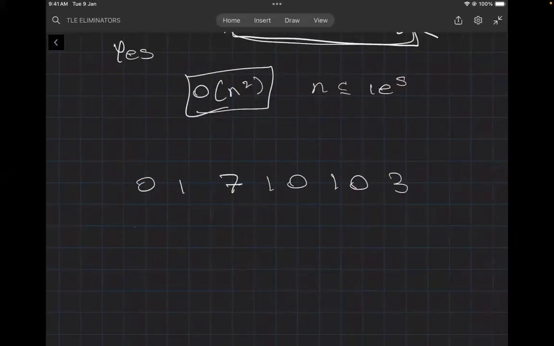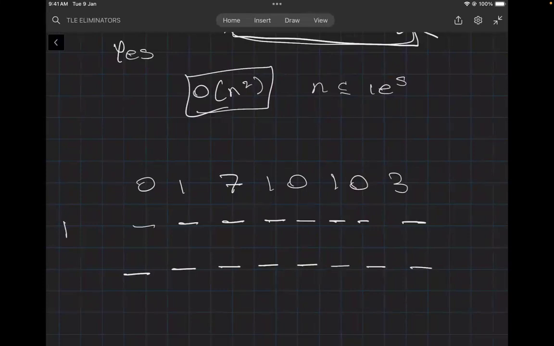So here I'm going to maintain two arrays. Let me just write it down. This is my prefix max and this is my suffix max. These are the two arrays that I'm going to maintain.